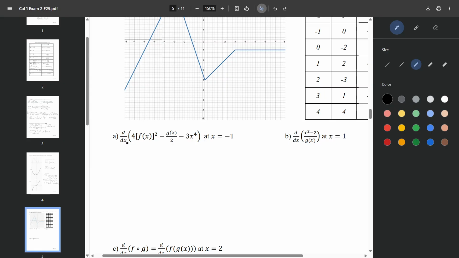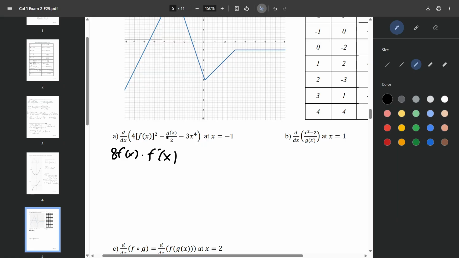For this first part, the derivative of 4 times f of x squared is 8 f of x times f prime of x, because we need to follow the chain rule in this case, as the function is inside the 4 and the x squared.